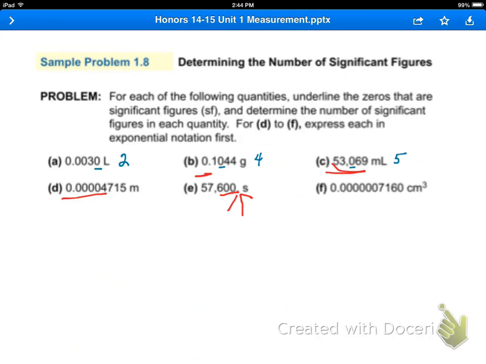Nothing here is significant. The only thing I have is this, so there are 4 sig figs. Because these zeros are significant, I have 1, 2, 3, 4, 5 significant figures. And here, the leading zeros, it's a decimal, are not significant. But the trailing zero, the only reason to report it is if it's significant. So I'm going to have 4 here.